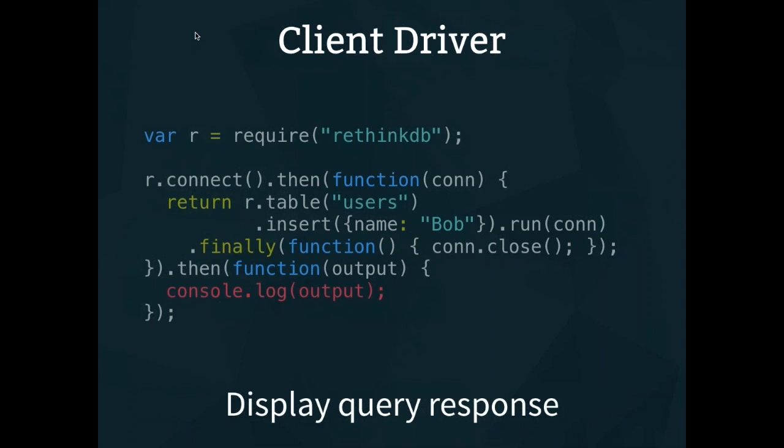Again, that's a promise thing, and we're going to take the output and print it to the console. And the output for this query would just be that document structure that shows you the new key for the newly added document. So this is just like bare minimum code that you would use in Node.js to create a connection, insert that document, and print the output.